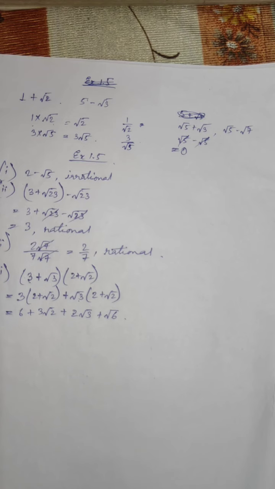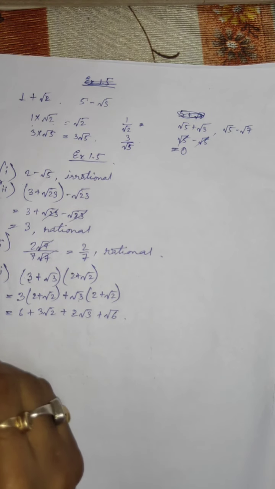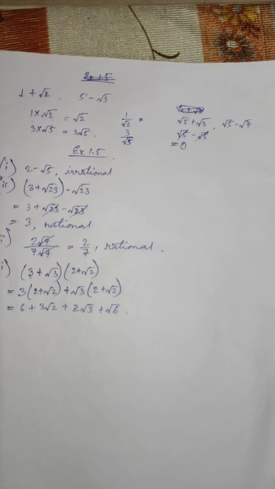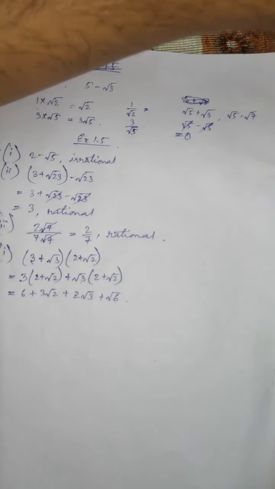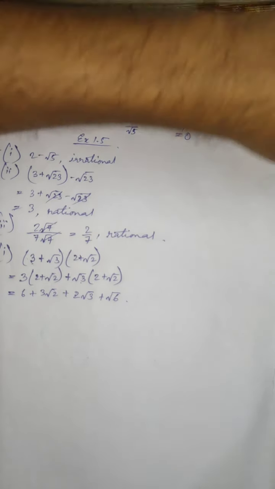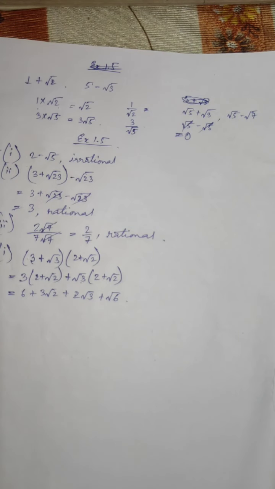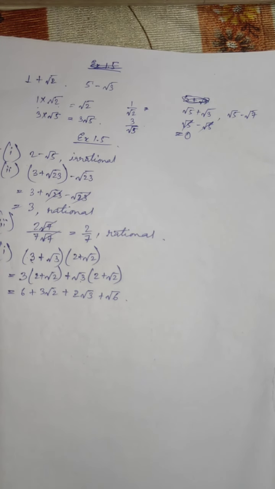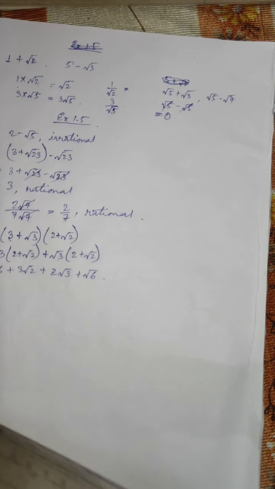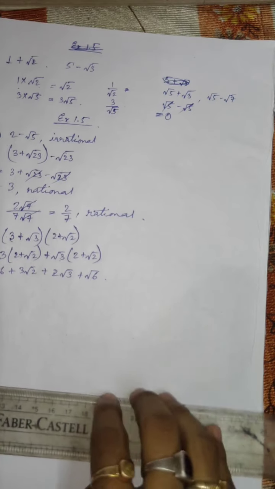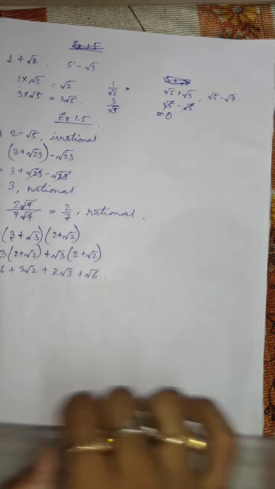Next, number 4. Now number 4 I am showing you, see it carefully. The question of number 4 is: represent square root of 9.3 on the number line. So in order to find this, we need to first draw a line.